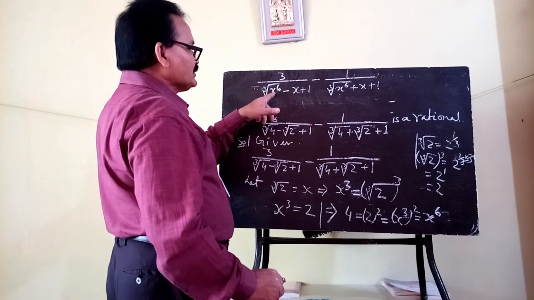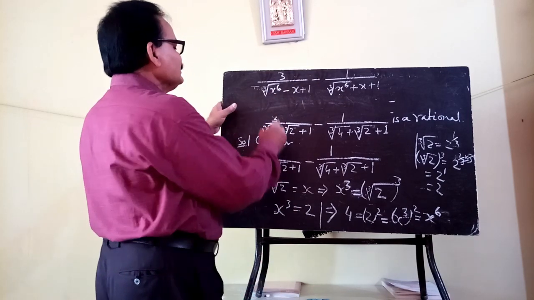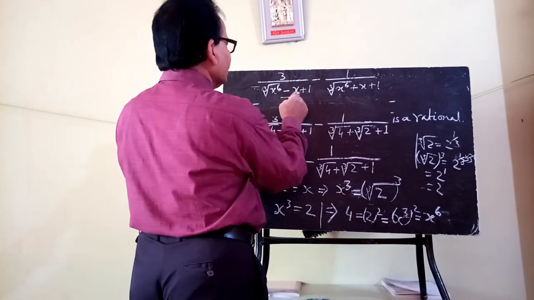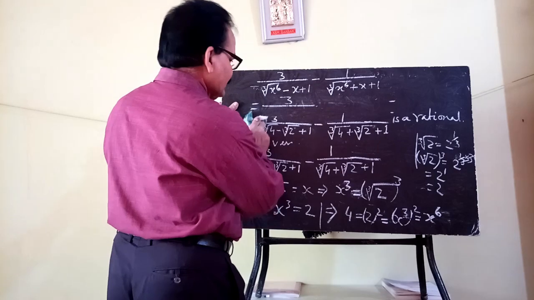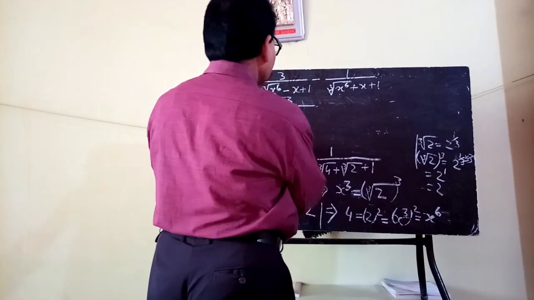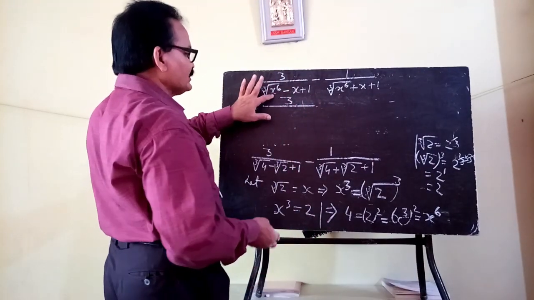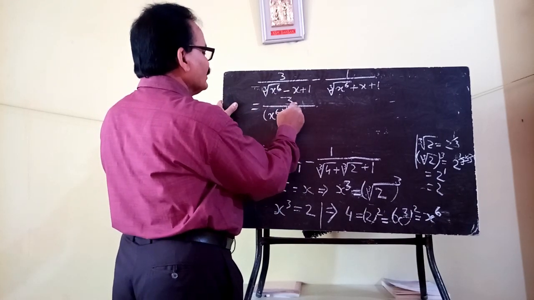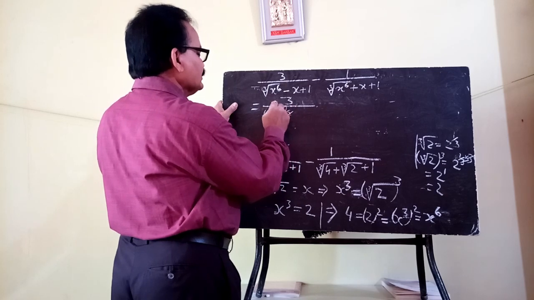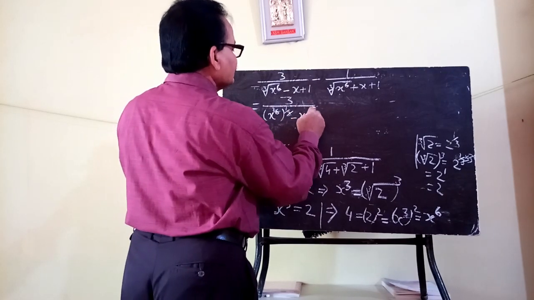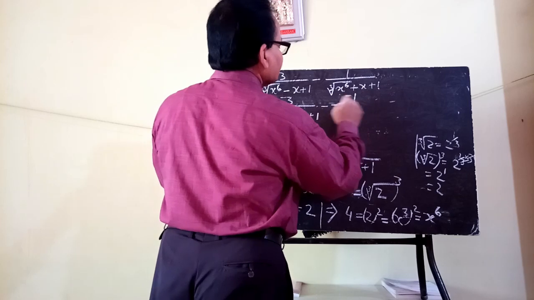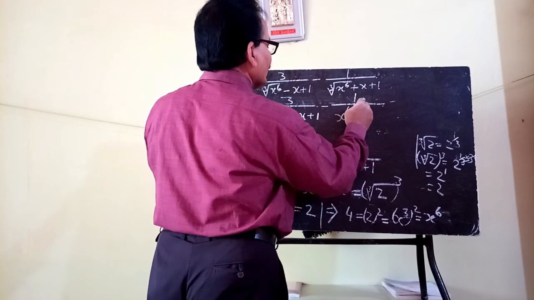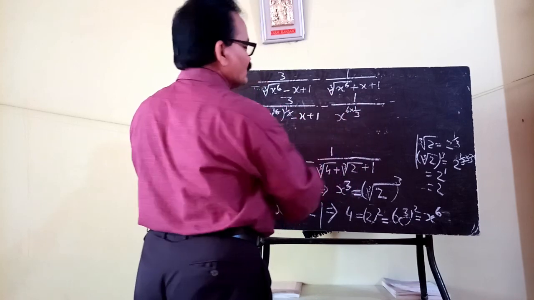Now cube root of x to the power 6 means x to the power 6 into 1 by 3, because it is a cube root.